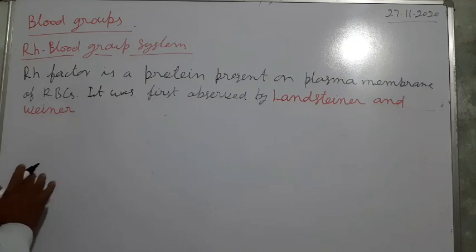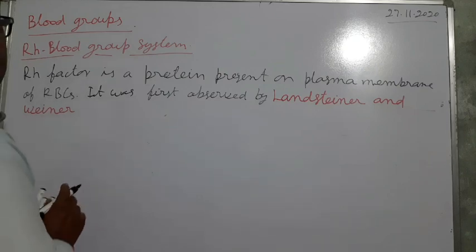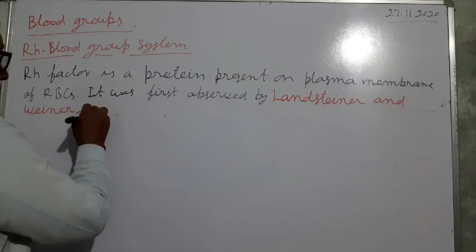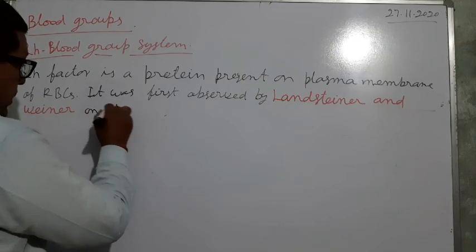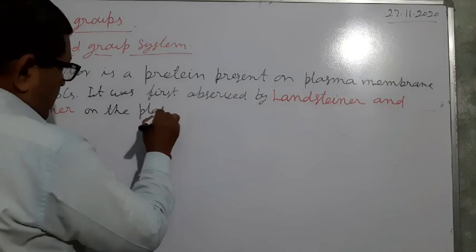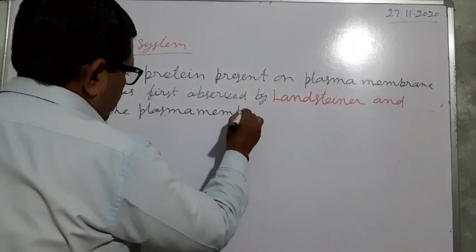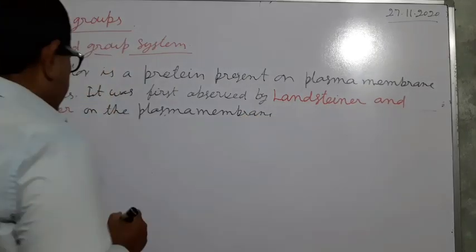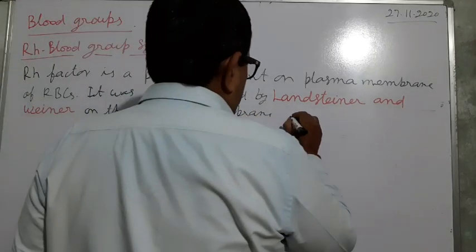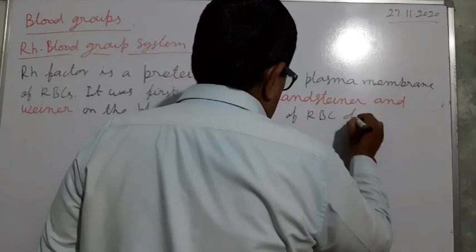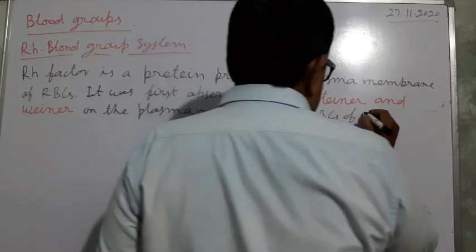First observed by Landsteiner and Wiener on the plasma membrane of RBC of rhesus monkeys.